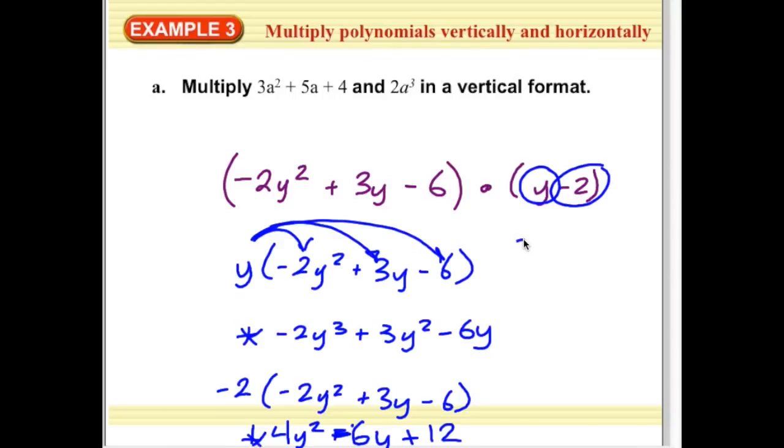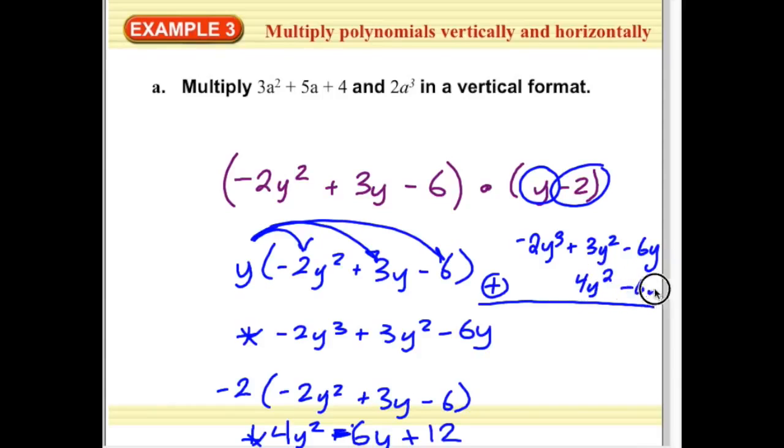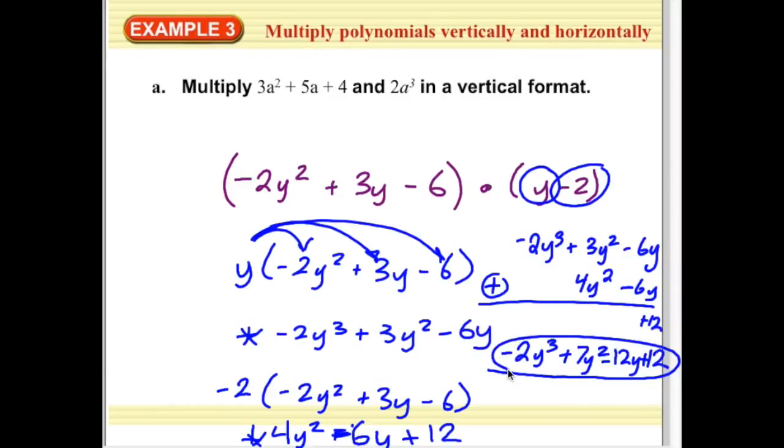So negative 2y cubed plus 3y squared minus 6y plus 4y squared minus 6y and then plus 12, right, is going to be negative 2y cubed plus 7y squared minus 12y plus 12. And that's my solution for multiplying two polynomials.